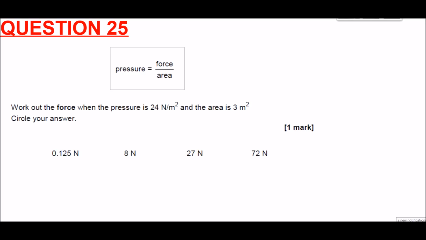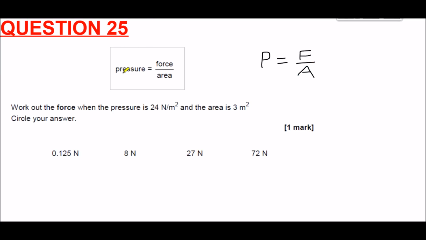Question 25, we've got a formula for pressure, force and area. Now, kindly we've been told the formula here, so pressure is force over area. Just a shorthand way of doing it here.